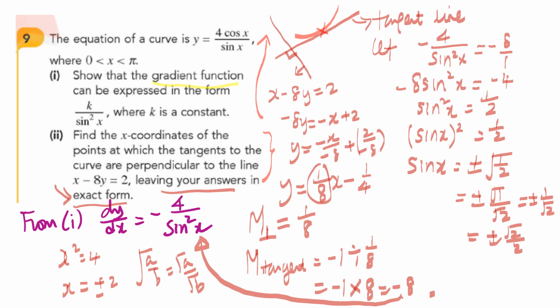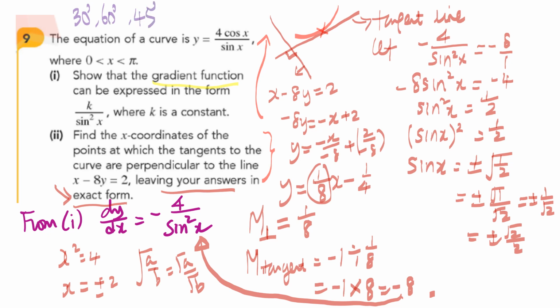Exact form in trigo, if you're asked to leave your answer in exact form, it could be in terms of pi, or it could be the angle given, special angles. So what are the special angles? This is the third concept involved here. Special angles are angles like 30 degrees, 60 degrees, and 45 degrees.